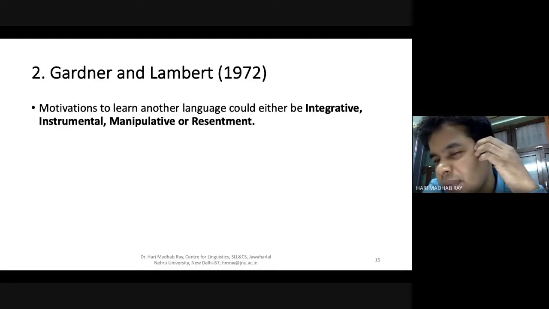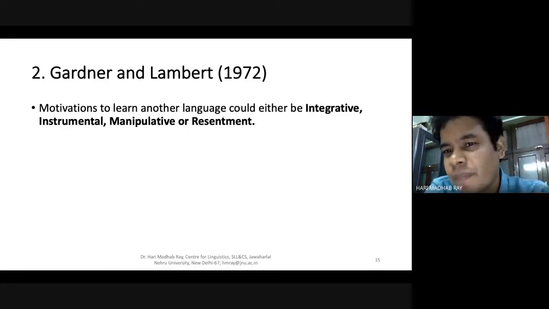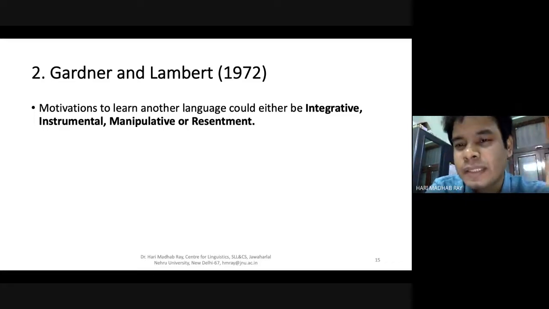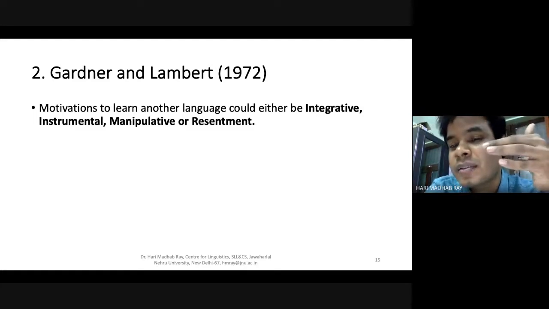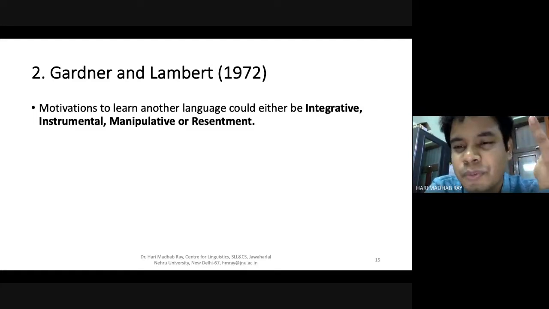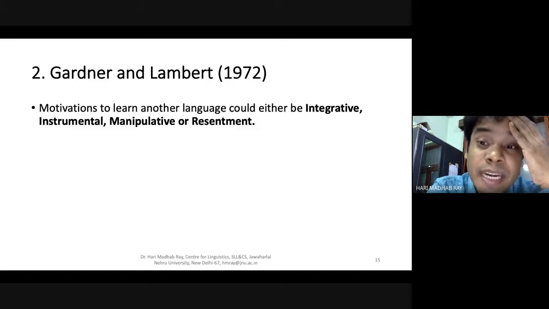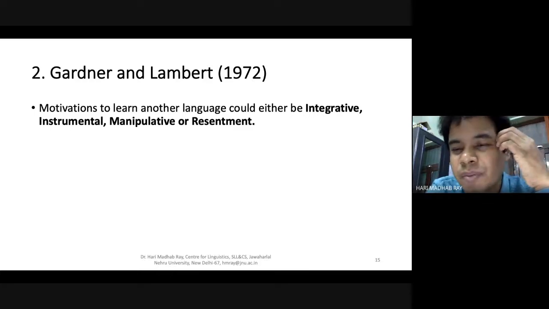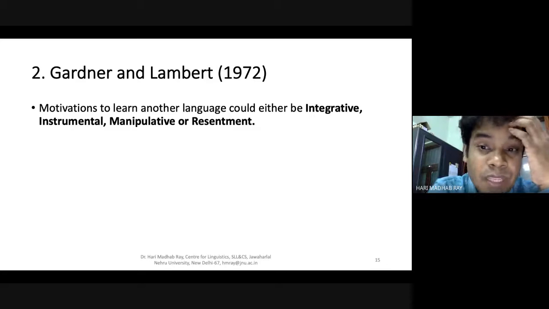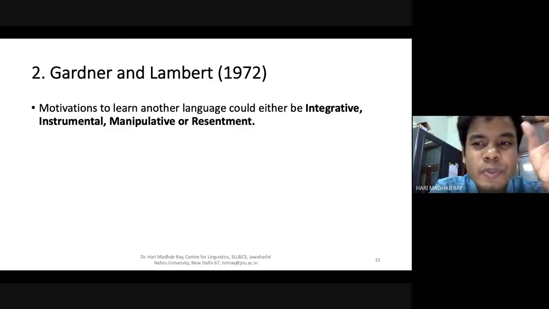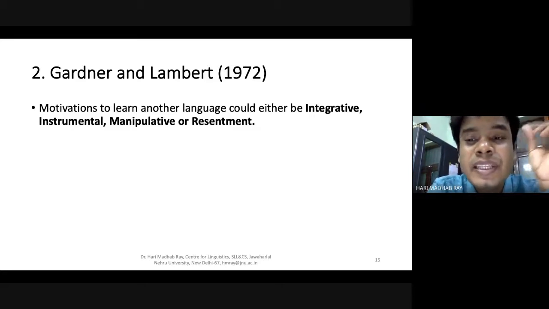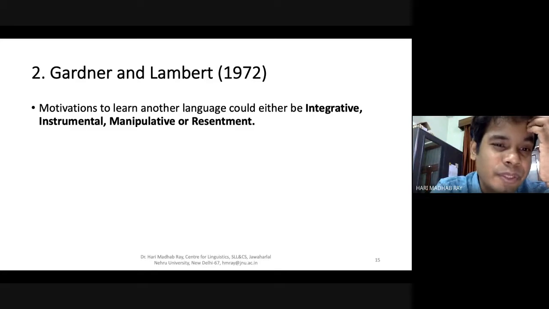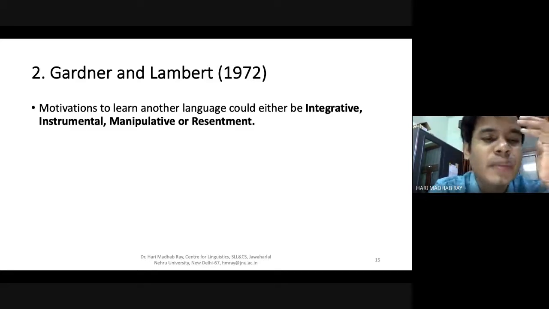You want to be native, so you have a larger goal. Let's say you want to speak English like the native language, the mother tongue, with that kind of native accent, so that people of USA or UK accept you as part of the speech community. So you have a different kind of integrative motivation for learning a language.